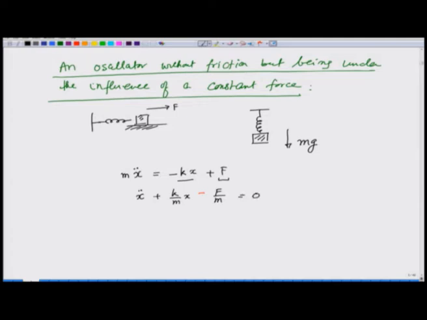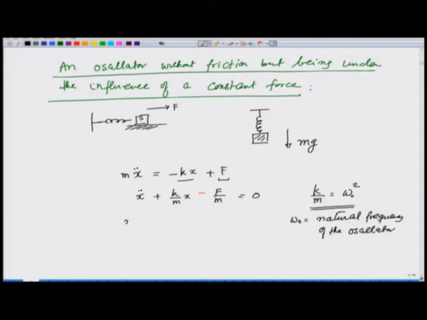From now on in this lecture, I am going to refer to k over m as omega 0 square. Omega 0 is to indicate that this is the natural frequency of the oscillator. There is no other force applied. So, later you will see that when I apply periodic force, it is going to be at a different frequency. So, to distinguish from that, I am writing this as omega naught.